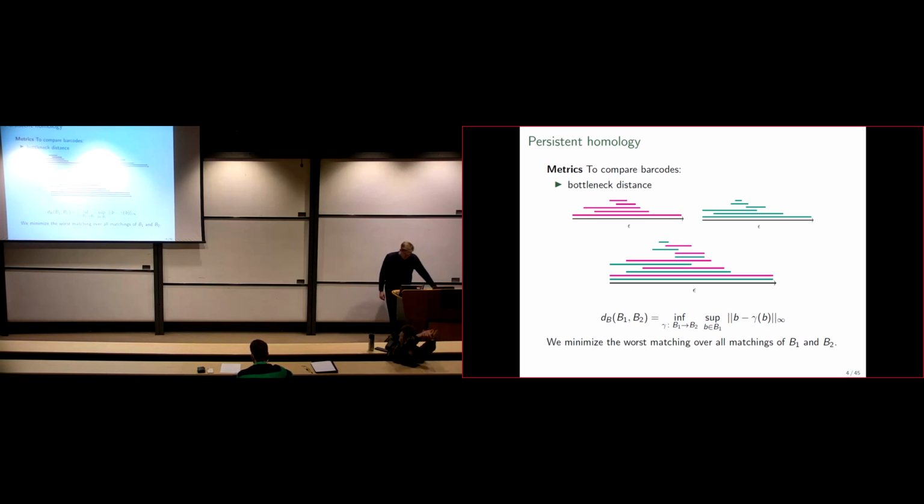How well does this work when the number of bars differs between the pink and the green case significantly? For example, you have many more points in one of the data sets compared to the other. Yeah, exactly. So if you have more bars in the other barcode, then some bars will go unmatched. And that's fine.